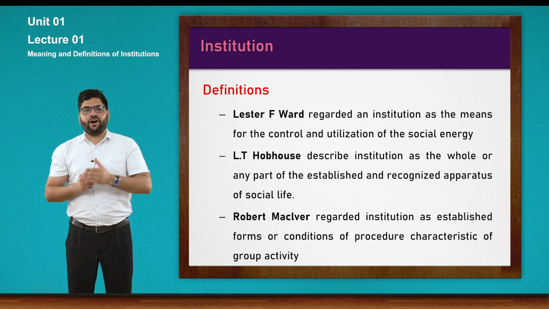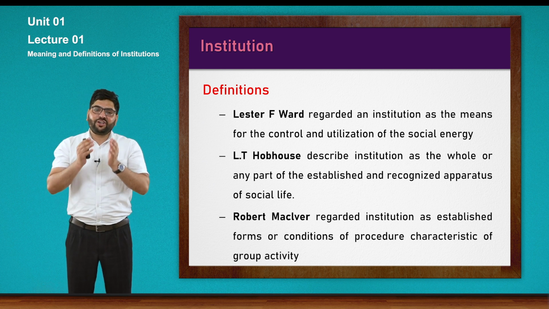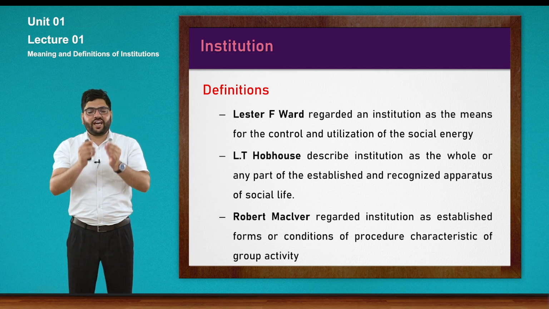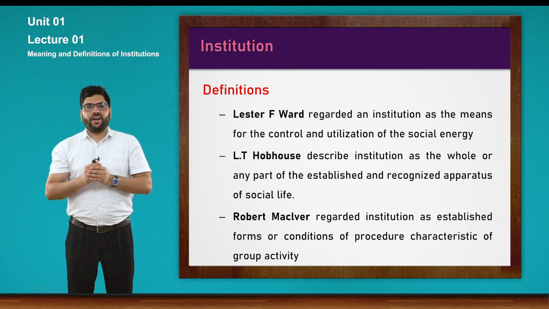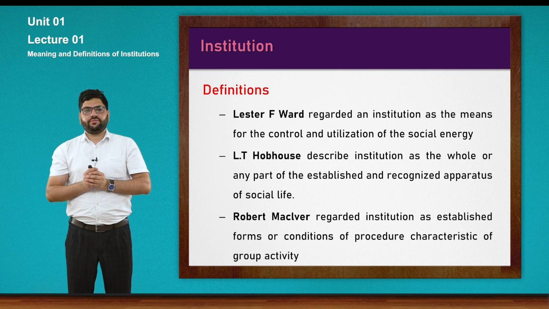Let us have a look at the concept by another philosopher, and his name is Lester F. Ward. He regarded an institution as the means for controlling and utilizing social energy. That means how we are controlling and utilizing the energy within the society.